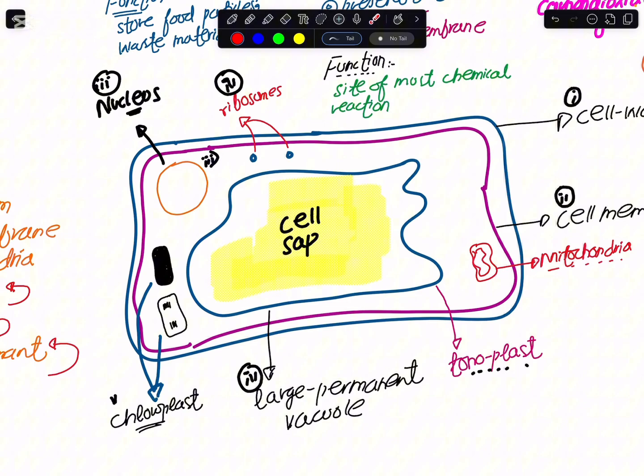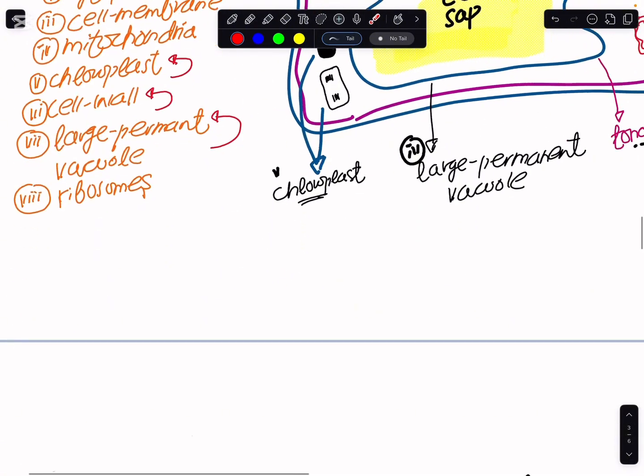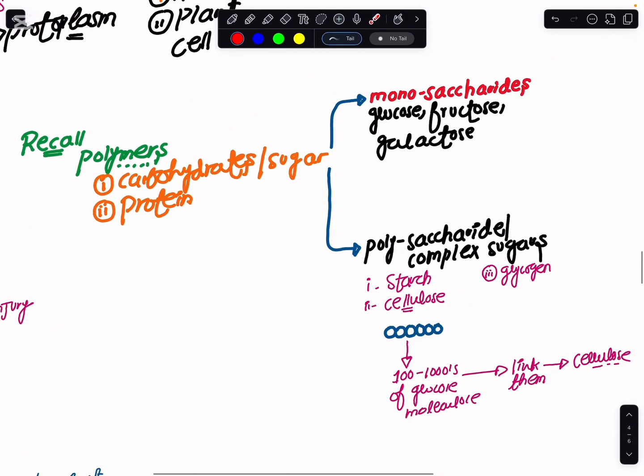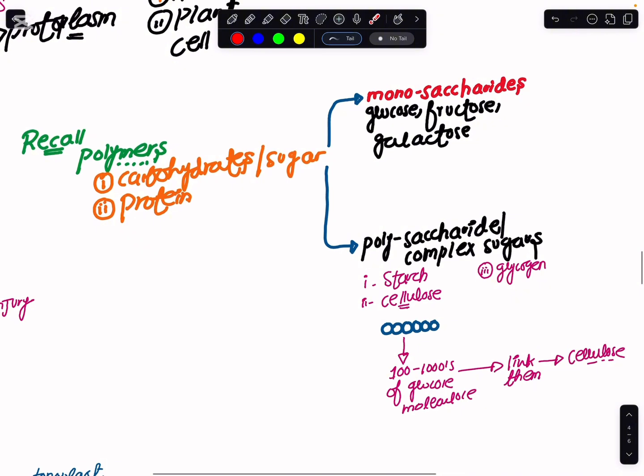The other things that we had here were already discussed in my previous lecture. So let us see what we have in the cell wall. We are going to see later in this course that we have some sugars, the carbohydrates, and among the carbohydrates we have some complex sugars.